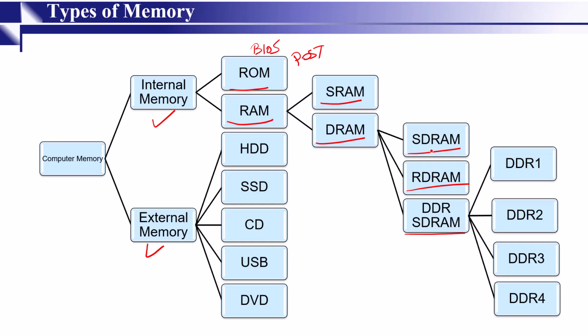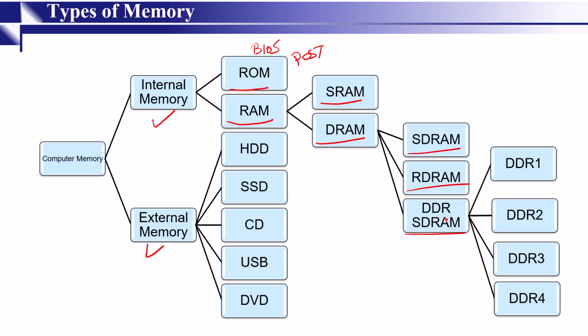SDRAM, synchronous DRAM, operates in sync with the system clock for better performance. Then RDRAM, Rambus DRAM, is a higher speed memory used in early gaming consoles and high performance systems.